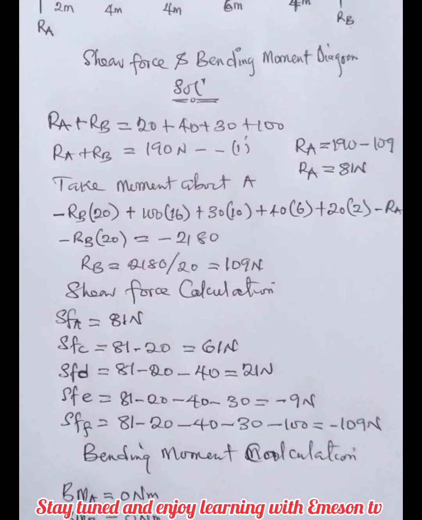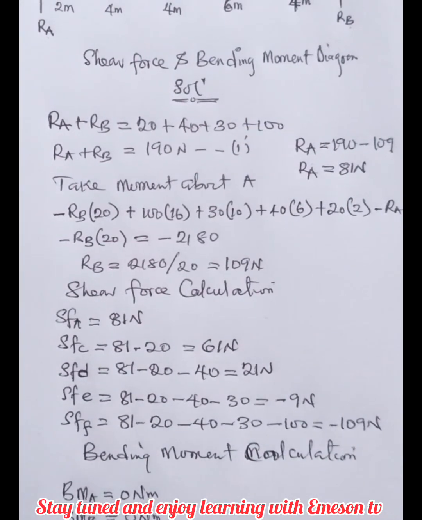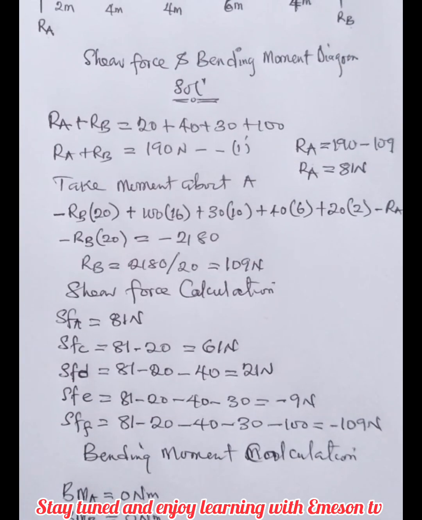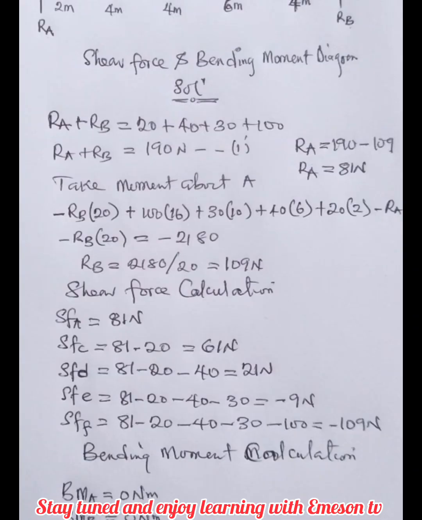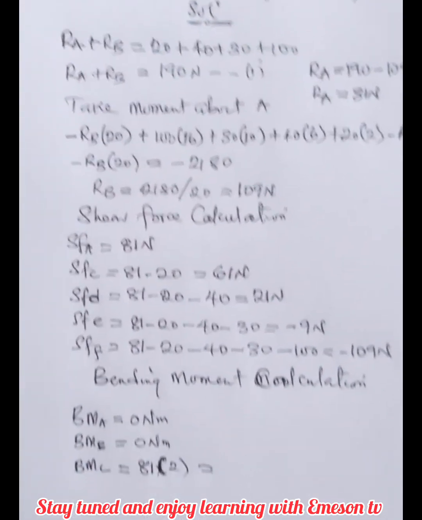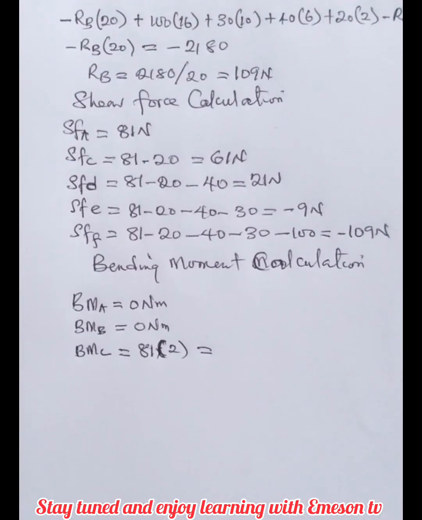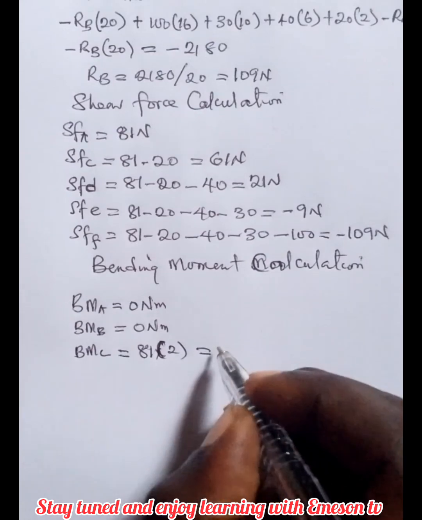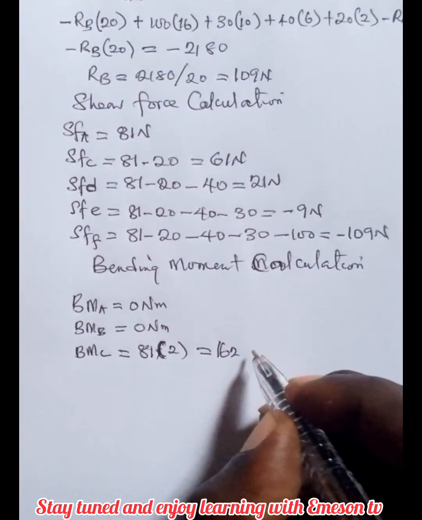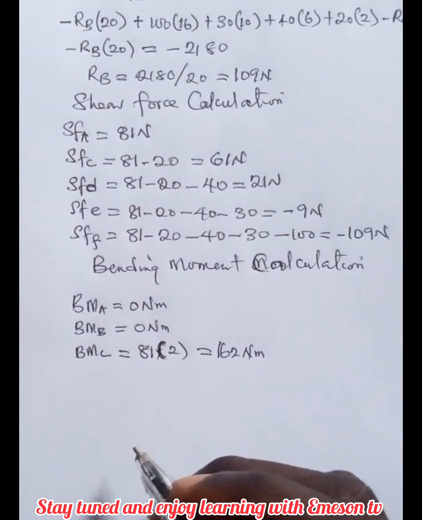So let's move to point C. The bending moment there, point C, will be what? The force R_A multiplied by the distance, which is what? 2. Okay, let's use bracket 2. This will give us 162 Newton meter.